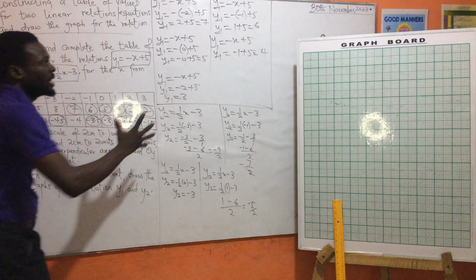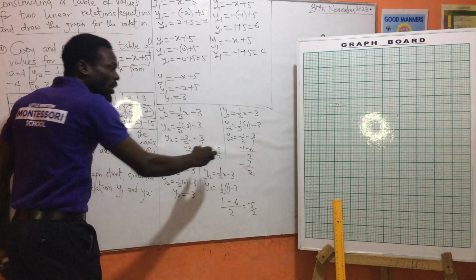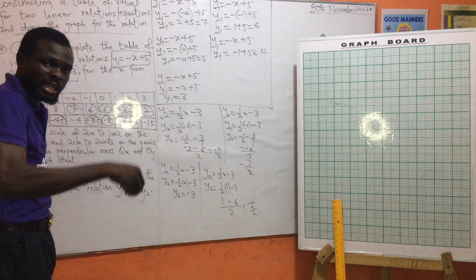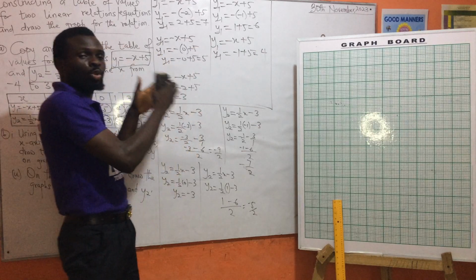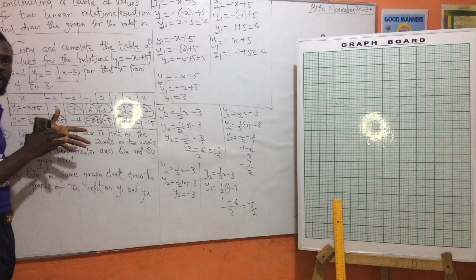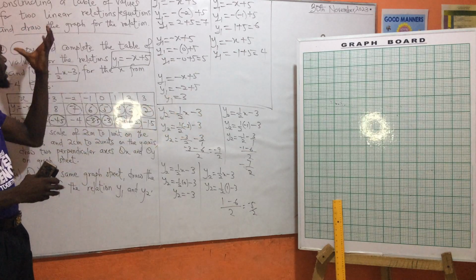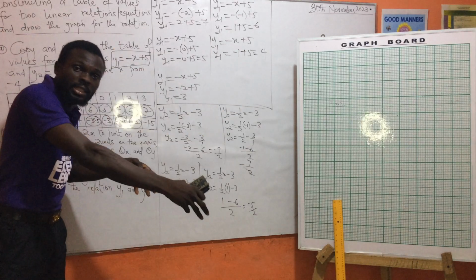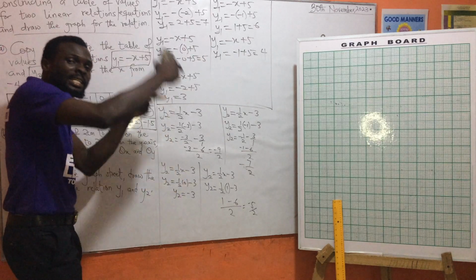Now note that we are to do this in our answer booklet, for the examiner to see that we did it ourselves, and that we did not look at our friend's work. That will help you to get the scores. Now, the question is saying copy and complete, so you have to copy the table, then complete it.